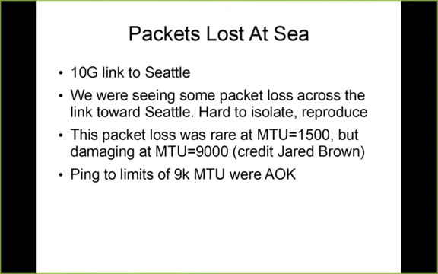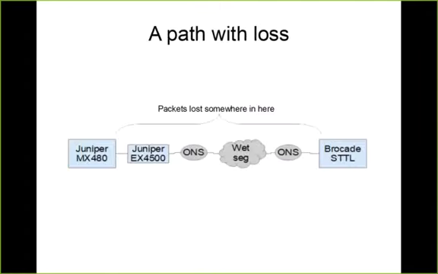But then Jared Brown from Global NOC made the observation that the packet loss was very rare at MTU 1500, but damaging at MTU equals 9,000. And pinging, you can do all the pinging with the require-no-fragmentation flag that you want, and no indication that there was a path limit on MTU. So in the end, the MTU thing didn't really turn out to be that helpful.